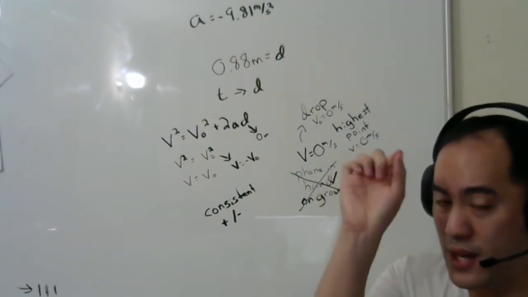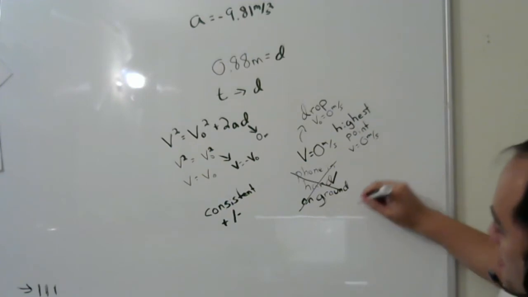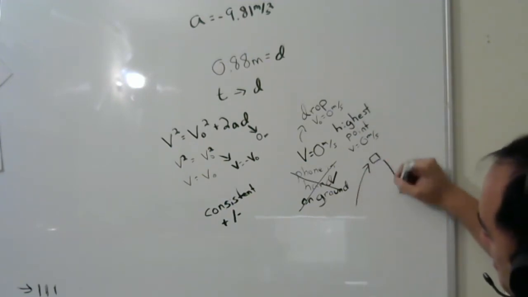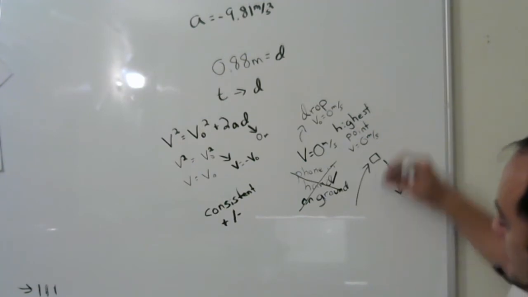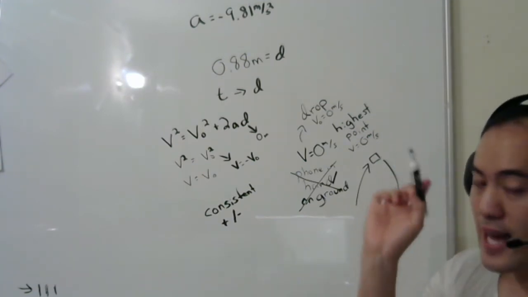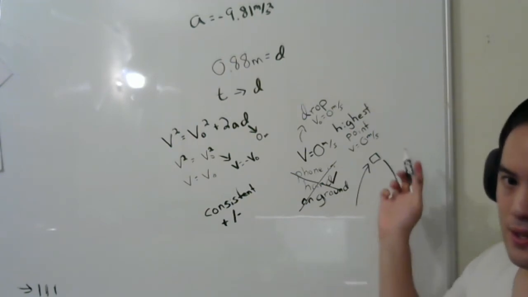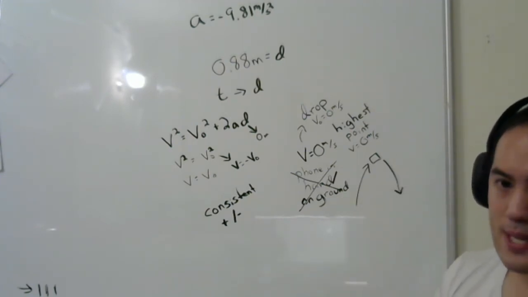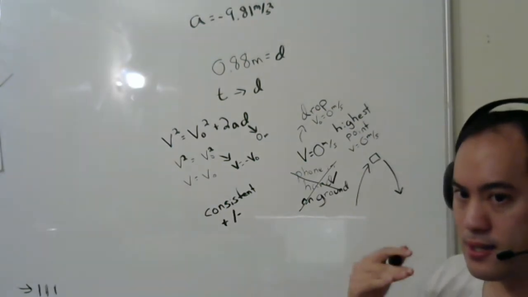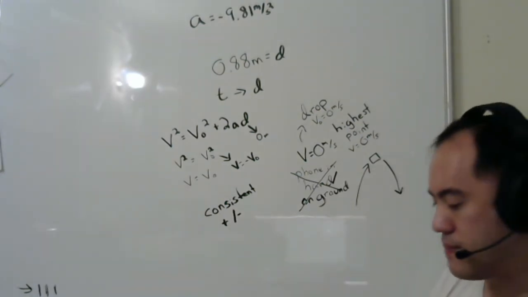So right at the highest point of the trajectory, right before any object turns direction and stops going upward and starts going downward, for an instant, the velocity is 0 meters per second. Upward or downward doesn't matter. It's neither. It's stationary for a brief instant in time.